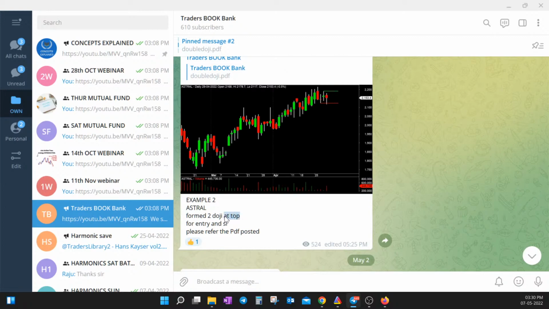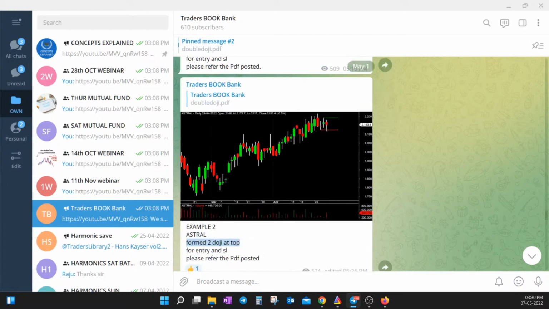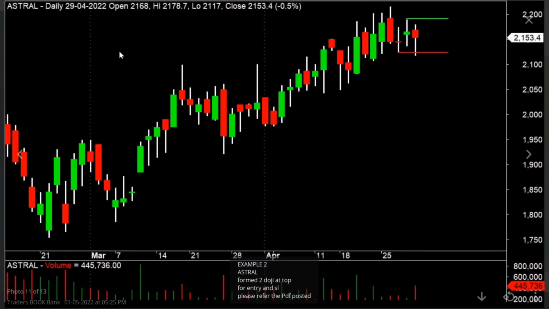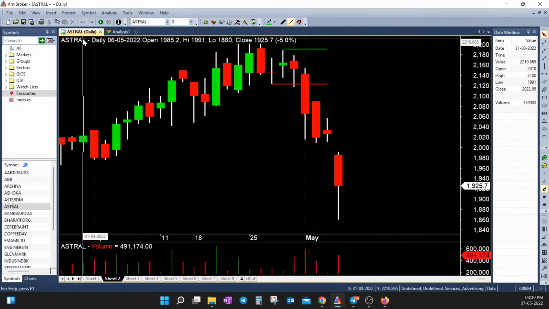What this means is, if you check the actual Astral chart, this doji has formed at the resistance. Let me open the Astral chart for you.